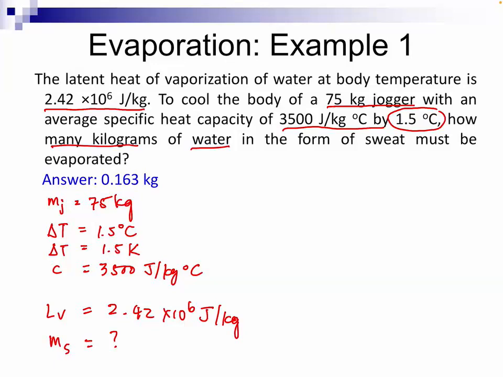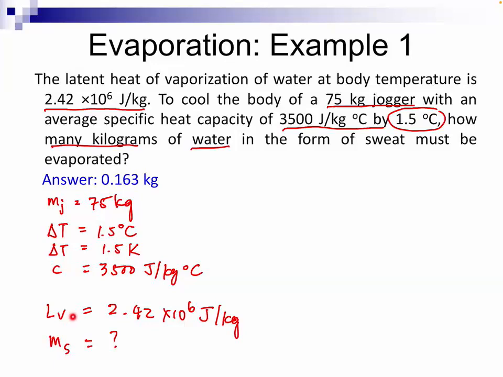All right. So is the problem clear, and how we have assigned the values? So you can see here now that the jogger needs to lose heat to lower its temperature. Where will that lost heat go?